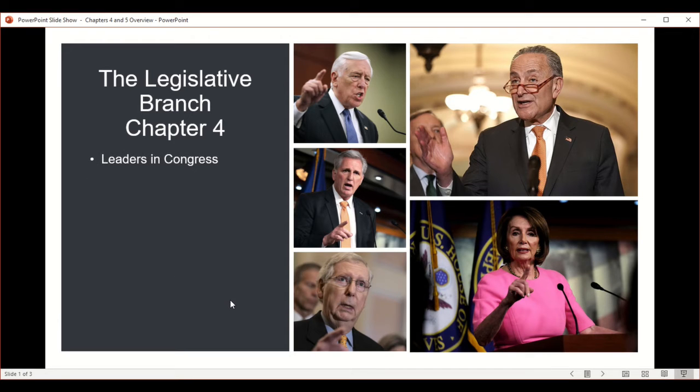We're going to look at the leaders within Congress, identifying who each one of these individuals is, which you see in the pictures to the right, and what their duties and political affiliations are, so that when you see these individuals in the news, you will know exactly who they are.